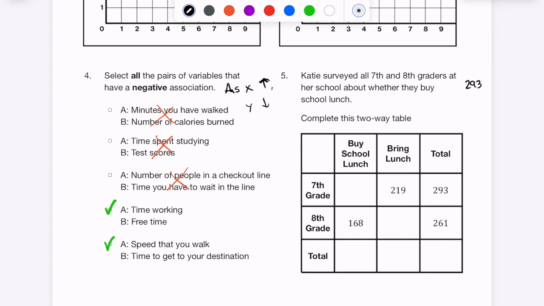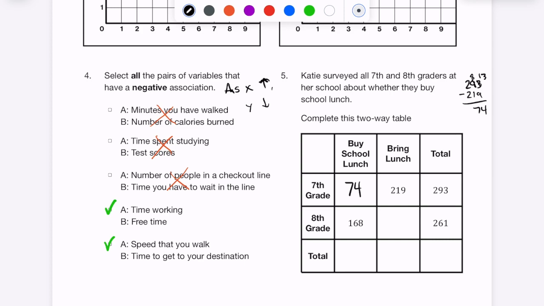So there's 293 7th graders total, and 219 of those bring a lunch. If we subtract that, we get that there are 74 7th graders who buy school lunch, and there's 219 7th graders who bring a lunch.